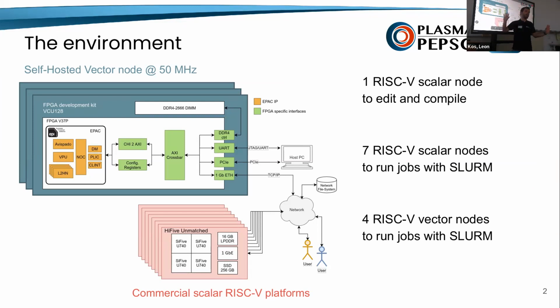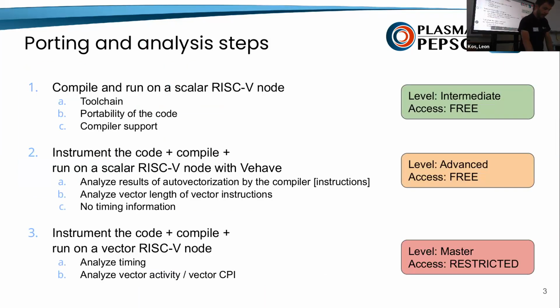Here, this is really a compute node in which you have one core with the VPU. That was the red part that was in the slides of Marta.